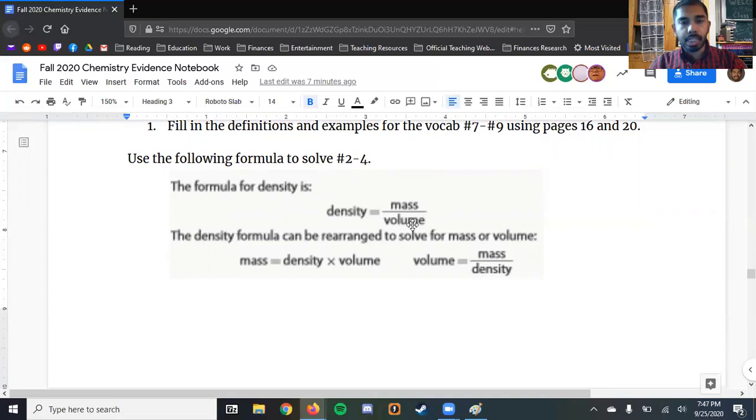Basically multiply both sides by volume. The volumes cancel each other out, and so we're left with density times volume equals mass. For the other one, if we want to figure out volume, we divide both sides by density, and so volume is left alone, and mass over density will equal our volume.